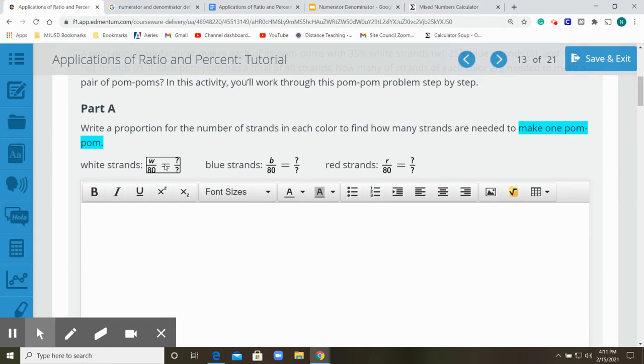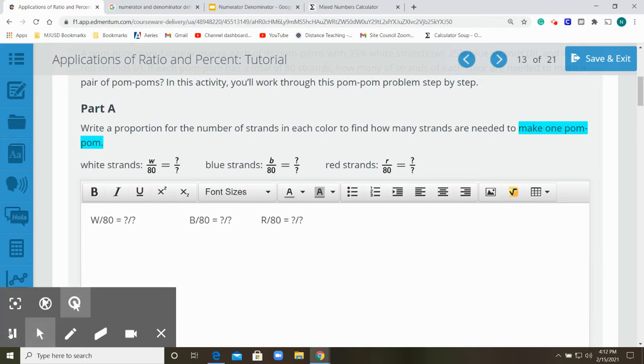That is the same as what over what? So the first step I did was to copy these down into the box here so that you could see white over 80 equals what over what? Blue over 80 equals what over what? And red over 80 equals what over what?